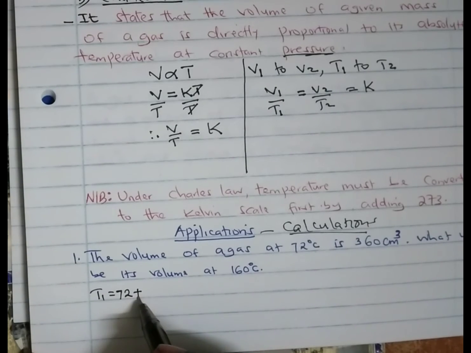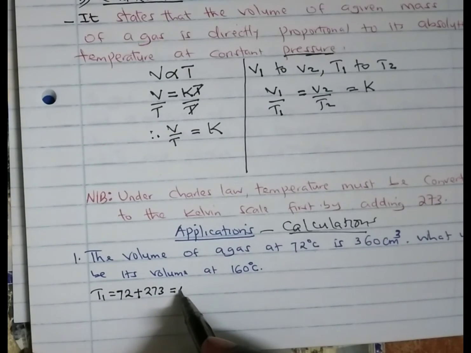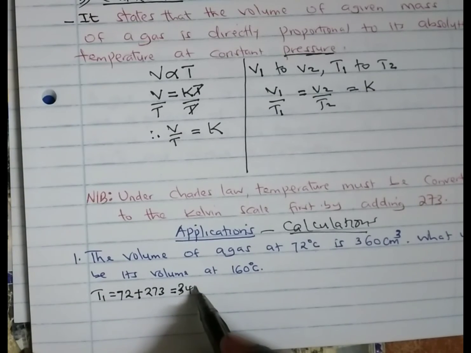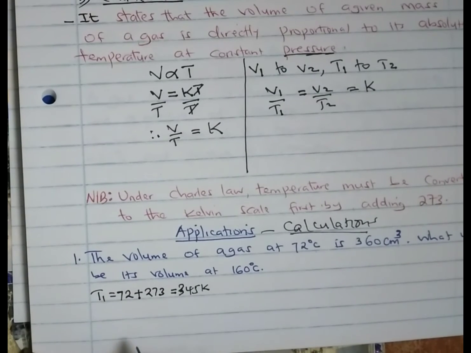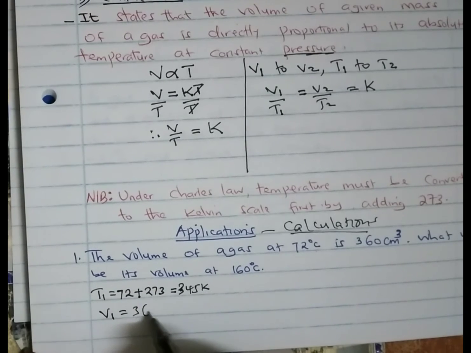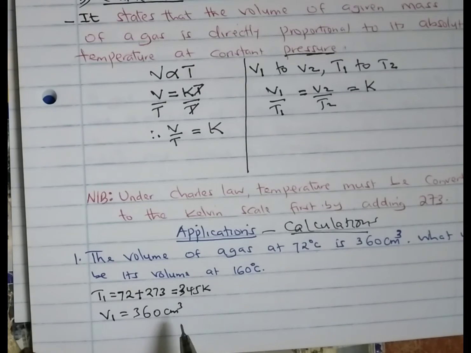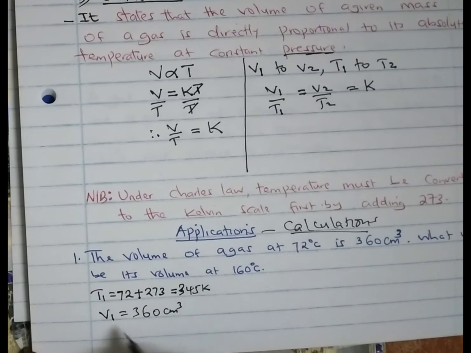We have been given temperature 1 of 72. We convert it into kelvins by adding 273, and this gives us 345 kelvins under a volume 1 of 360 cm³. What would be its volume?